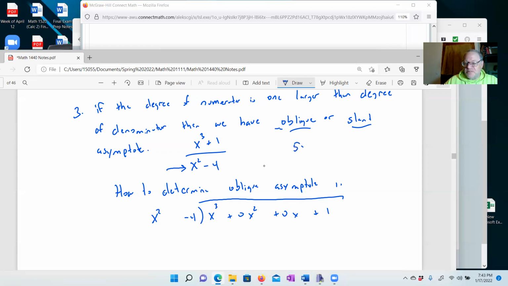Normally I'll have something like 5x squared minus 3x plus 1 divided by x minus 5, and that would be fine for synthetic division. But if you've got a denominator that is not linear, it's quadratic, then you're going to have to use regular polynomial division.